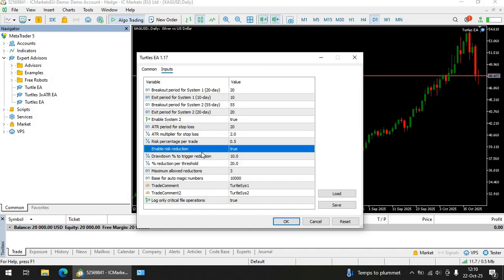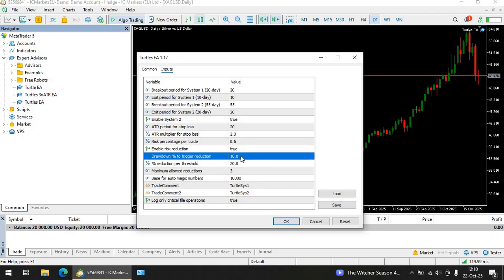Now another risk management part, very important, is this enable risk reduction, which by default is true. So when your account loses 10% from balance, and I only use balance because it's more conservative and more important to keep your account alive so you can trade the next day, as they say.